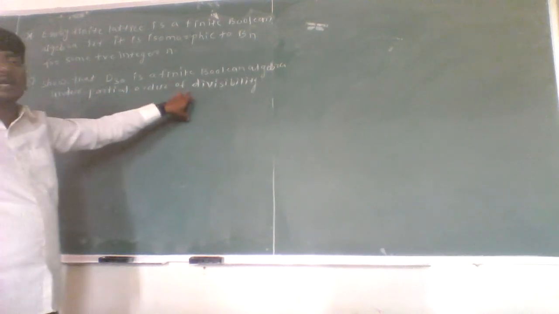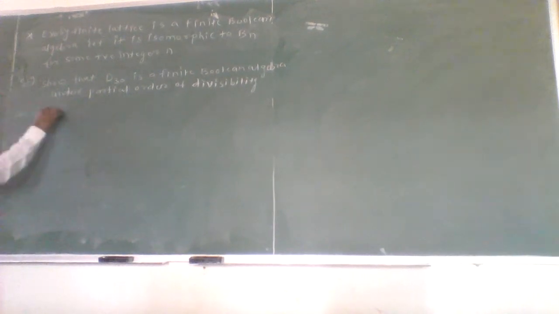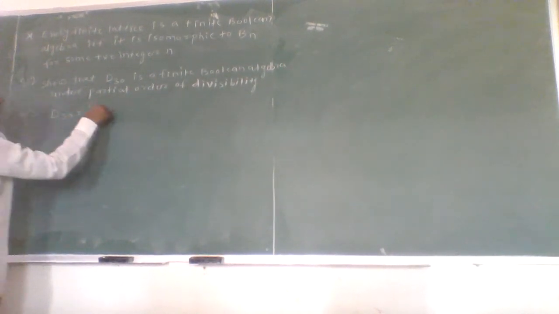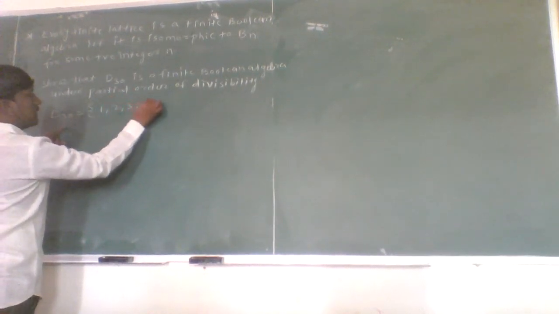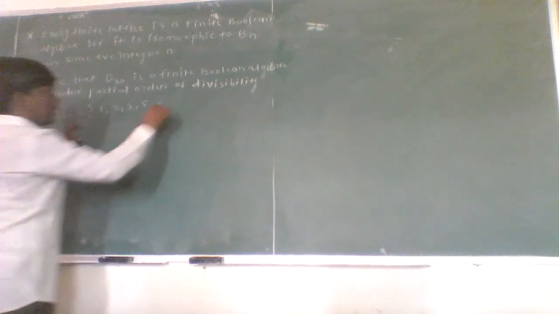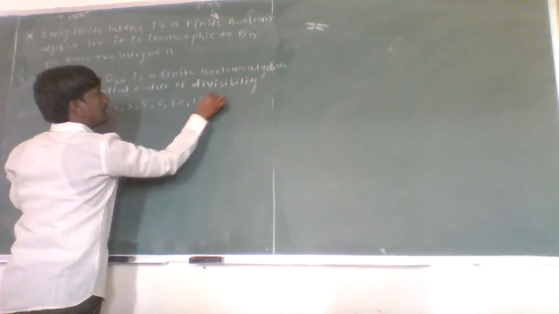Okay, so here we have to show that D30 is a finite Boolean algebra under the partial order of divisibility, and we know what D30 is. D30 contains all the elements which are the divisors of 30, that is 1, 2, 3, 5, 6, 10, 15 and 30. Therefore, D30 contains 8 elements.